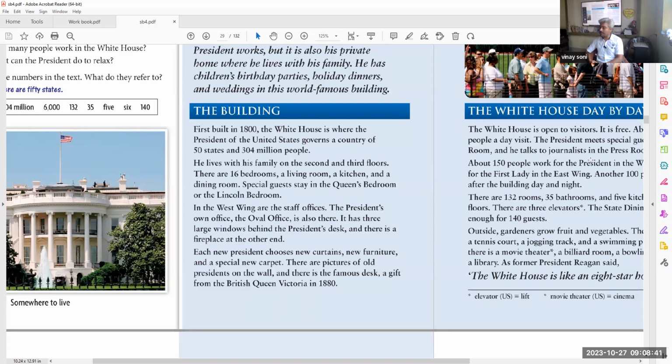He lives with his family on the second and third floors. We all know that it is his private home as well. These two floors are his private home. On the second and third floors together, there are 16 bedrooms, a living room, a kitchen, and a dining room.